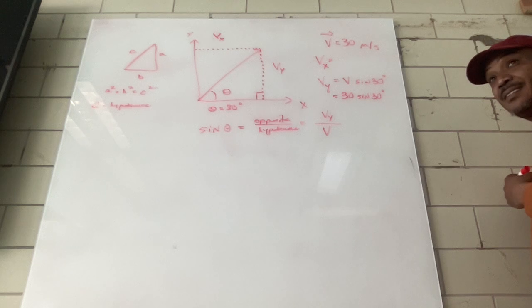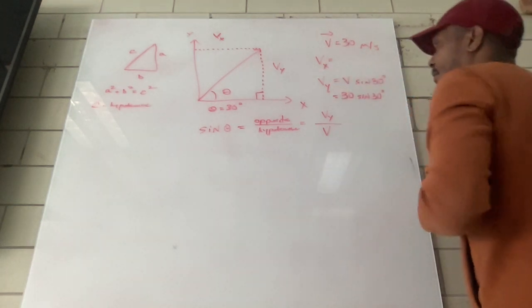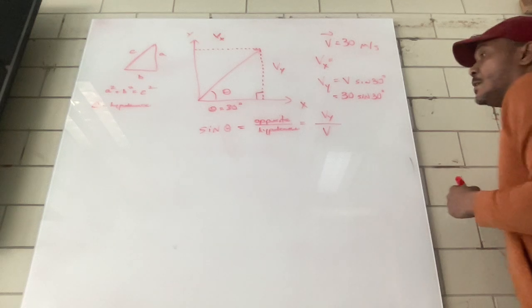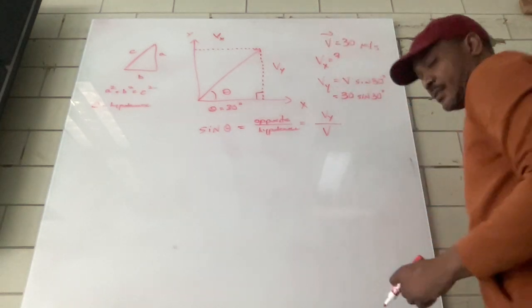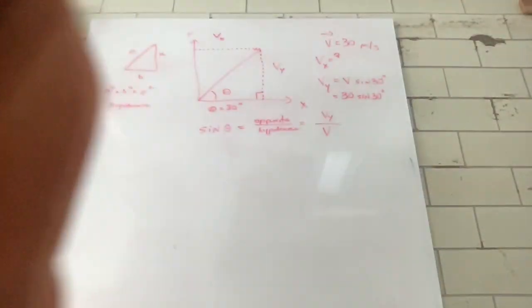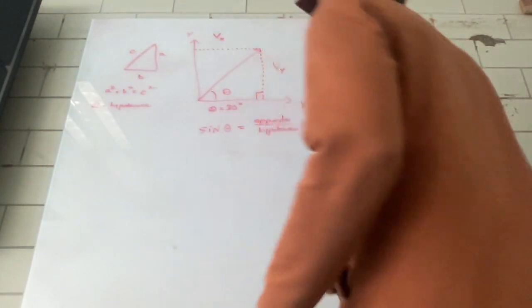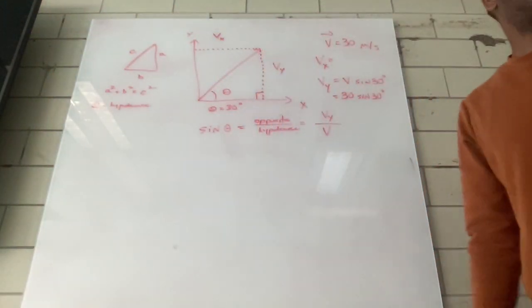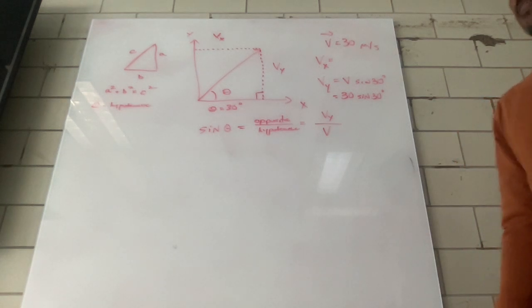Y'all following that? Vx is going to be what? 30 cosine 30. Well, let's write out the equation so we don't confuse anybody where it came from. You said C is the hypotenuse, and A and B are the legs?